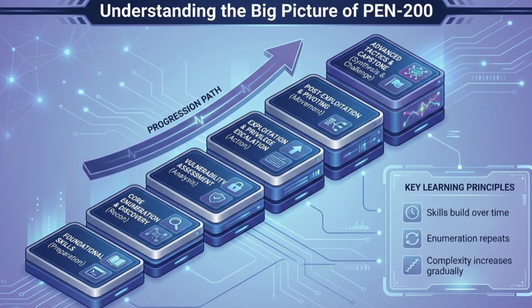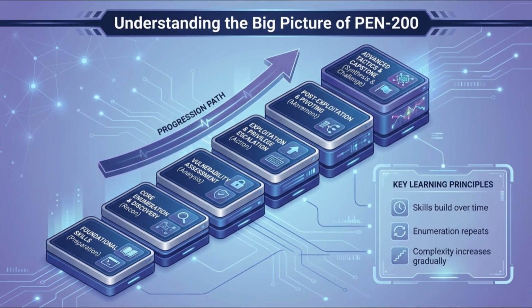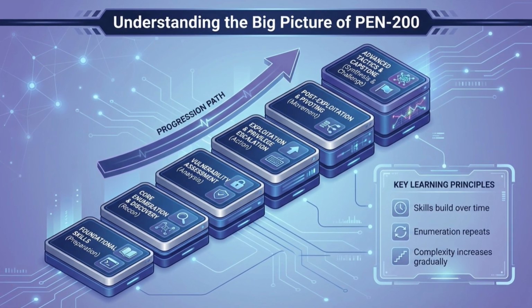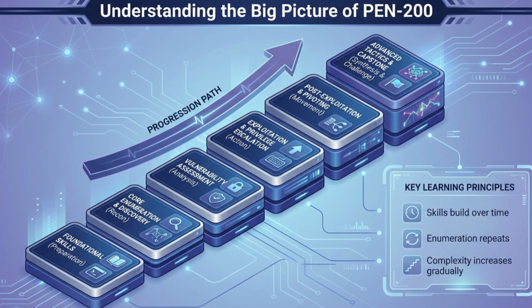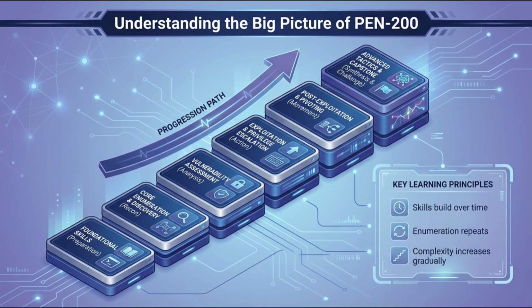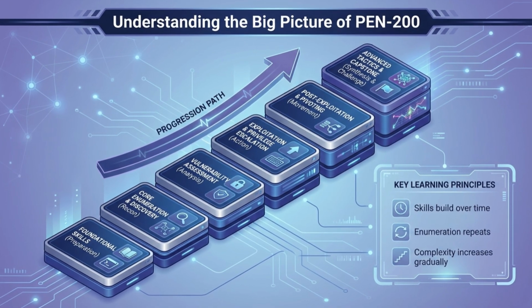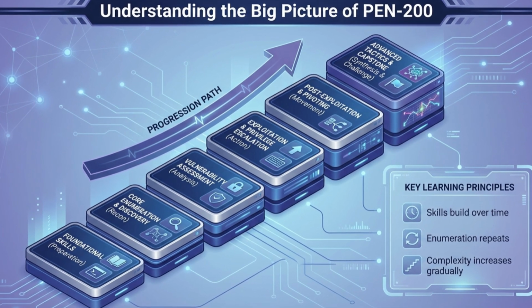For example, enumeration appears in many modules. Privilege escalation builds on earlier concepts. Scripting supports manual testing. This overview helps reduce panic later. When a topic feels difficult, you can remember that it's part of a larger structure. You are not expected to master everything immediately. You are expected to progress.